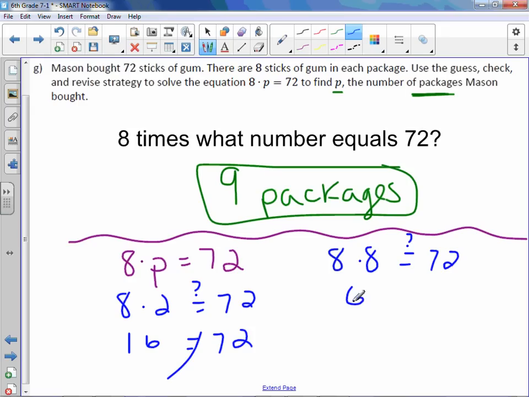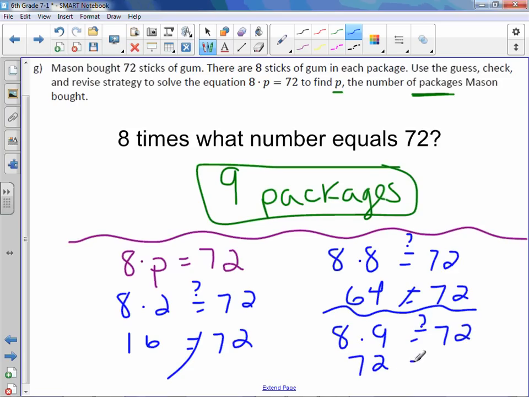Well, 8 times 8 is 64, so that's not a solution. 8 times 9 equals 72. Well, that is 72, which means 9 is our solution. So you could use any method you prefer. The guess and check method is fine if they give you the numbers to plug in. Makes it a little easier. Otherwise, I prefer this method. It's a little bit quicker. You just translate it to words, and from there you can find the solution.